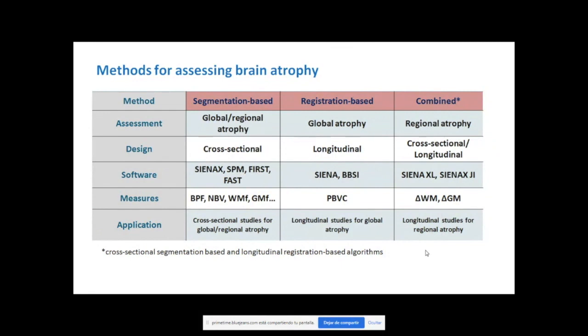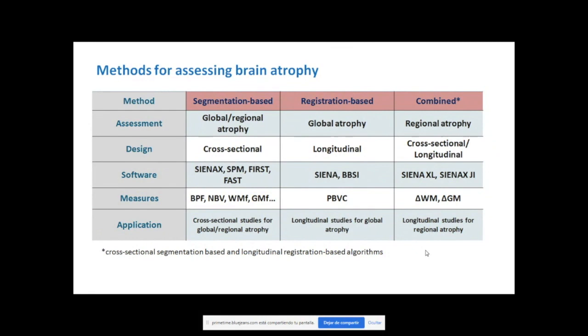The segmentation-based tools are ideal for assessing cross-sectional studies, for assessing not only the global brain volume, but also the regional brain volume, white or gray matter. The registration-based tools are ideal to assess longitudinal changes, but only for global atrophy. They are not designed to identify changes in specific areas of the central nervous system.